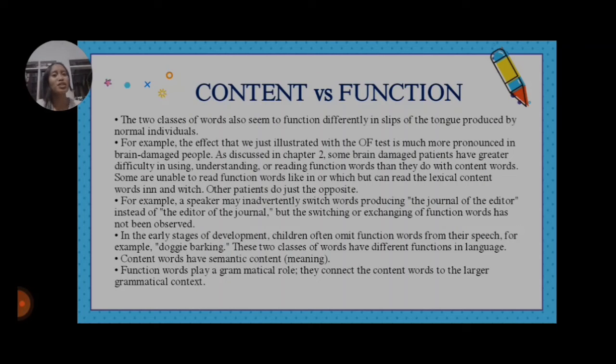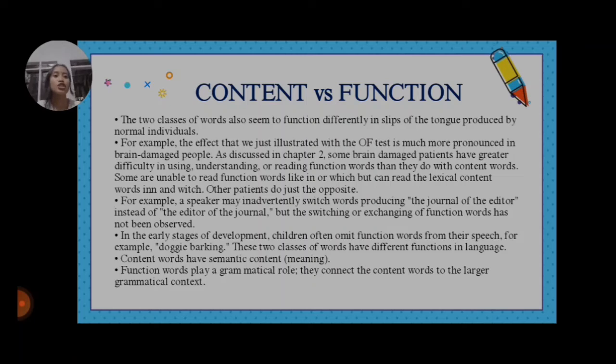The two classes of words also seem to function differently in the slips of the tongue produced by normal individuals. The effect that we just illustrated with the of test is much more pronounced in brain damaged people.